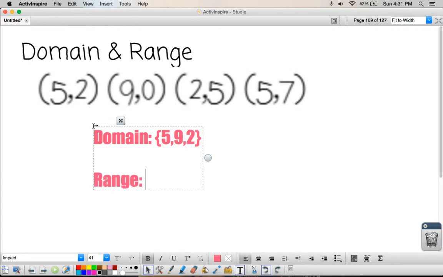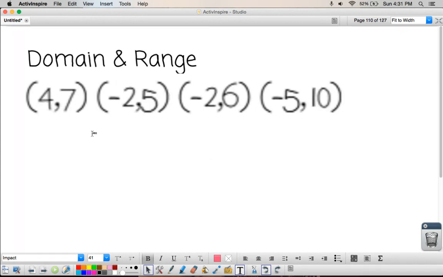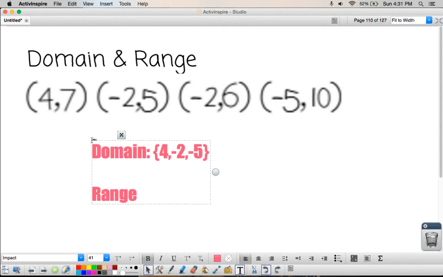Our range is 2, 0, 5, 7. Here our domain is 4, -2, and -5. Our range is 7, 5, 6, and 10.